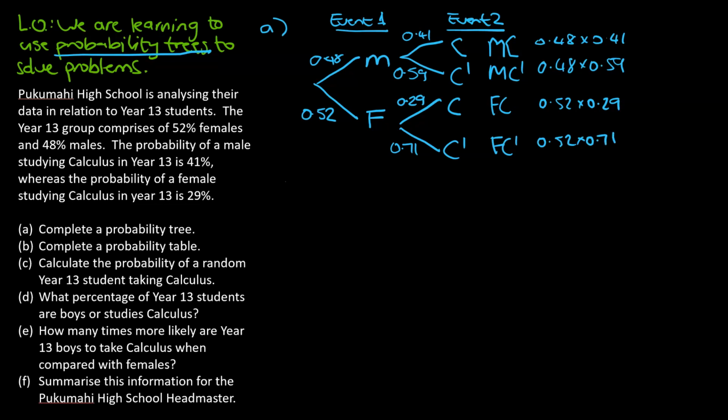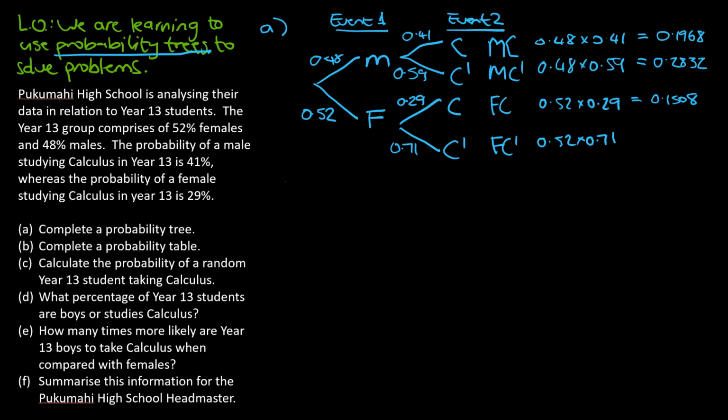From there, we can calculate the probability of each branch. So 0.48 times 0.41 is 0.1968. Then 0.48 times 0.59 is 0.2832. Then 0.52 times 0.29 is 0.1508.